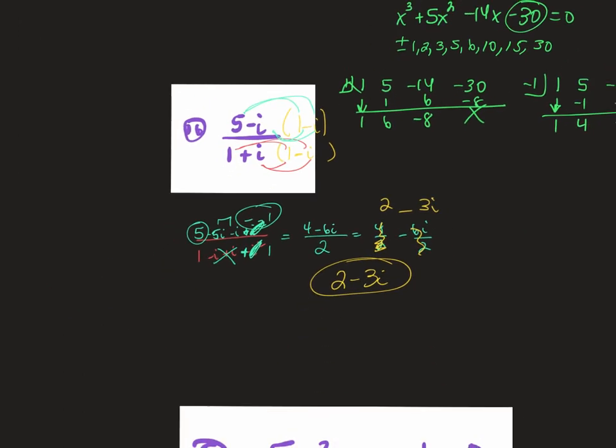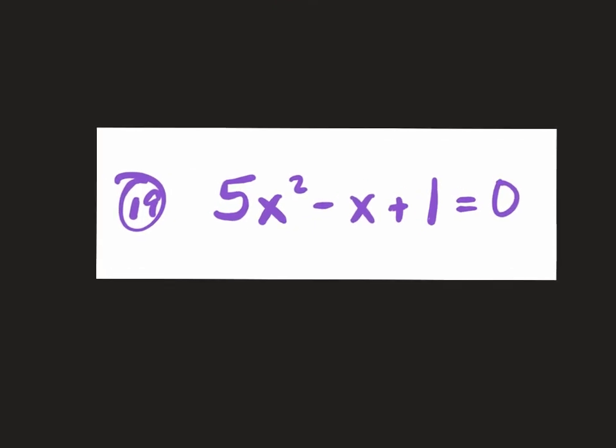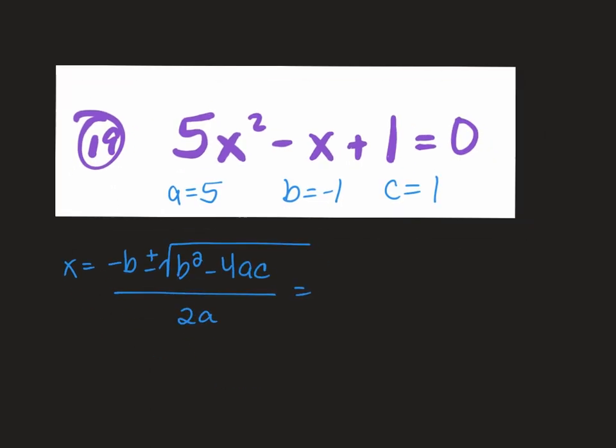All right, and lastly with our quadratic, you have to make sure everything is on the same side and set equal to 0. So we're good. I have a equals 5, b equals negative 1, and c equals positive 1. So x equals negative b plus or minus the square root of b squared minus 4ac all over 2a. So careful with our signs here.